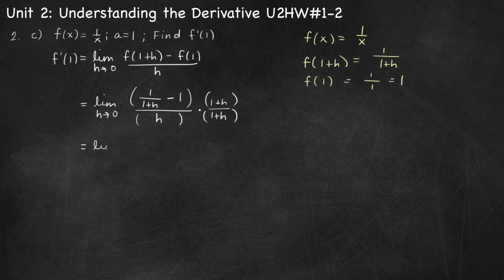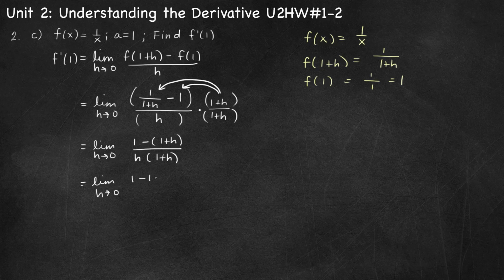So this is going to be the limit as h approaches 0. When I distribute this on the top, I just get 1 minus the quantity 1 plus h. And then on the bottom, I have h times 1 plus h. Now we continue to simplify. So we have limit as h approaches 0, 1 minus 1 minus h over h times 1 plus h.